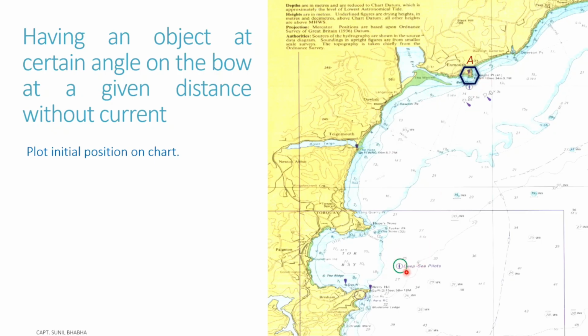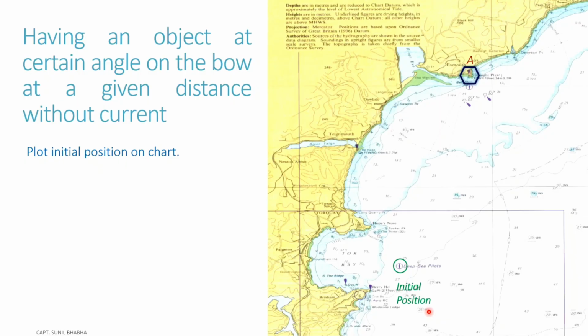So you can see the initial position here in this particular location at Deep Sea Pilot Point. So this is our initial position. We need to find a particular course which we should be steering so that this Straight Point lighthouse is at a certain bow angle when it is at a given range or given distance off.